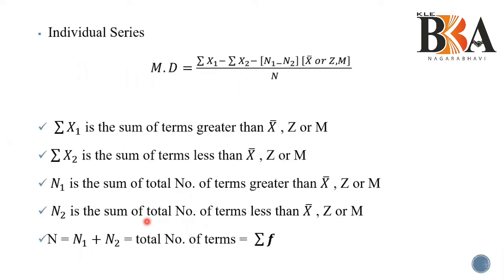Firstly, the basic mean deviation problem will start with the individual series, so we will deal with the individual series today. For the individual series, the mean deviation formula is: mean deviation equals sigma x1 minus sigma x2 minus n1 minus n2 times the mean, median or mode, divided by n. If we are finding the mean deviation from the mean, we take the mean value; from the median, the median value; or from the mode, the mode value.